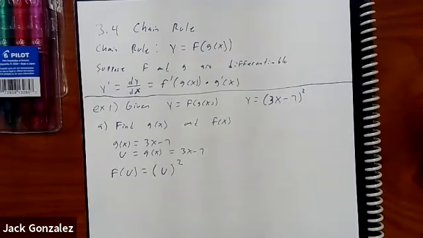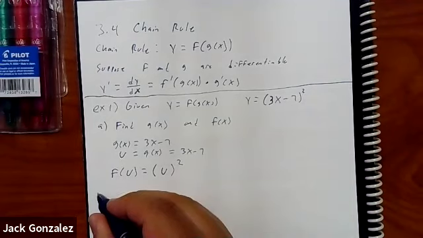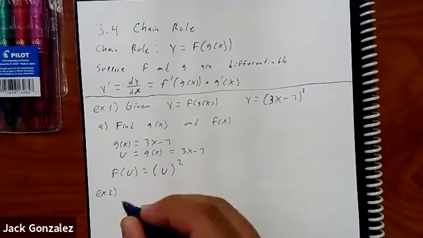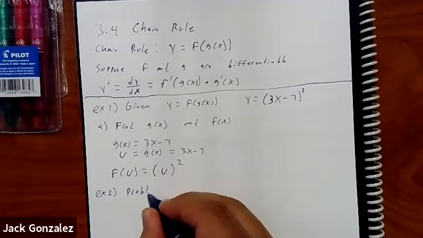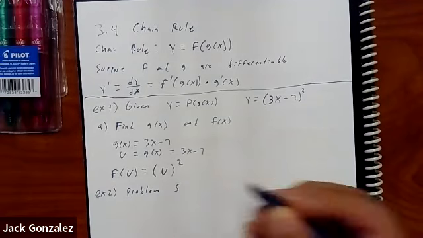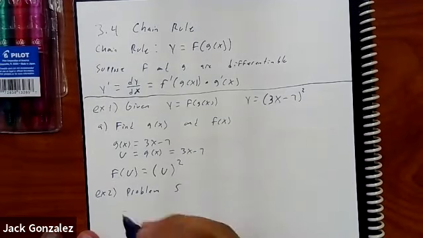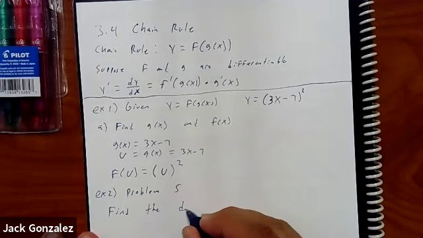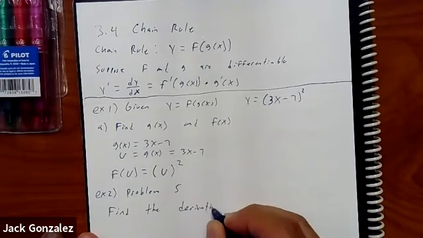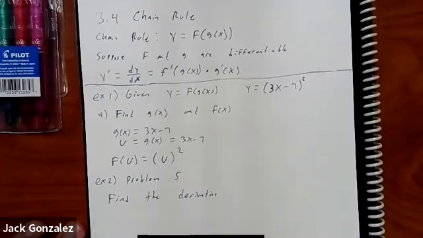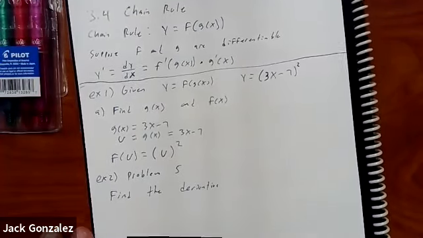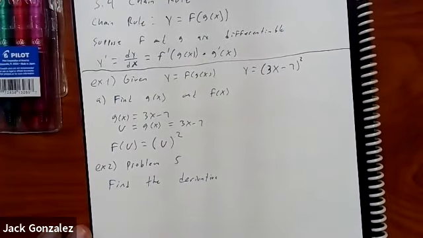Okay, let's see here. Let's do an actual problem. Number 5. So this is number 5. Find the derivative. So 1 through 4 is just trying to identify what's inside, what's outside. That's it. So in 5, we actually start using the formula.